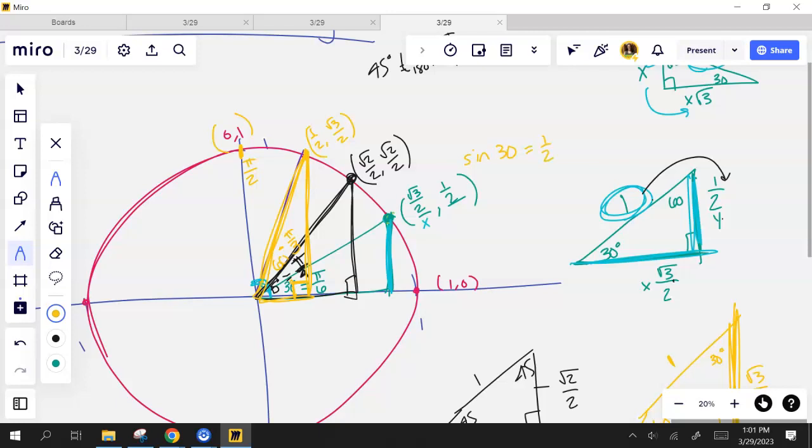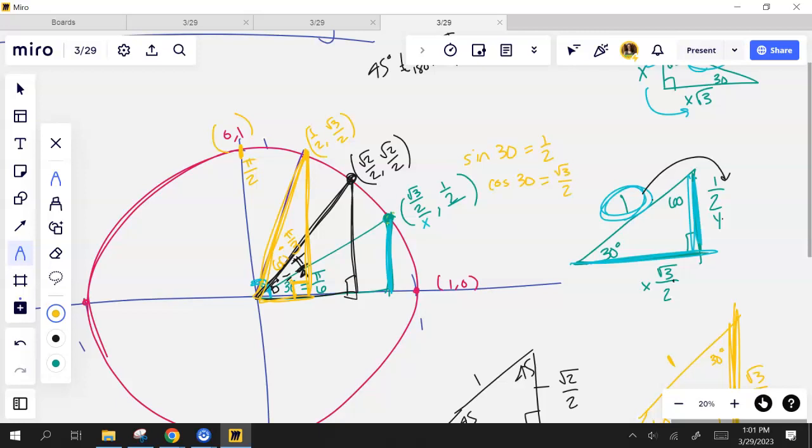Sine 30. Now do cosine 30, but in your calculator, put square root of 3 over 2. It equals the same thing.